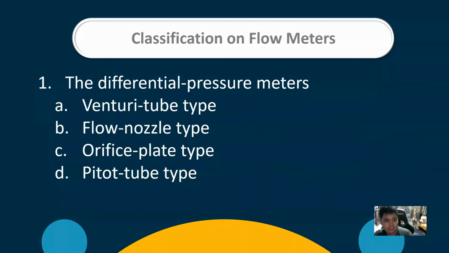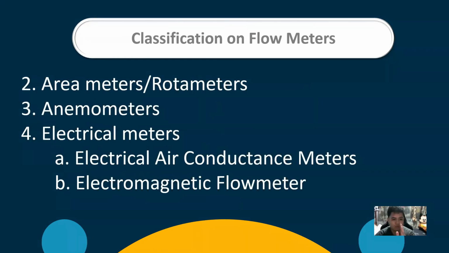Okay, next. So ito yung mga classification ng differential pressure meters. Isa na dyan si Venturi tube type, pangalawa si flow nozzle type, pangatlo si orifice plate type, at pang-apat si pitot tube type. Pasensya na kayo, wala kaming pictures dyan.